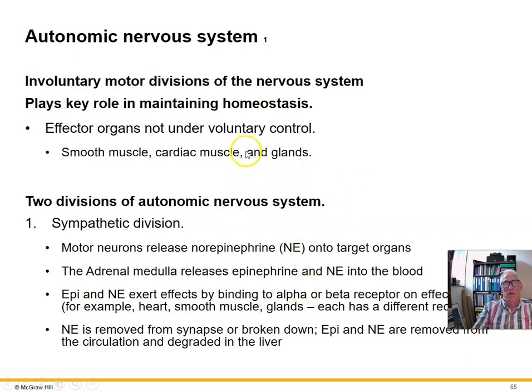The autonomic nervous system is the involuntary motor divisions, right? Outgoing information that we're not aware of, and it has two different parts to it, the sympathetic nervous system and the parasympathetic nervous system. The sympathetic nervous system we've been talking about a lot already.